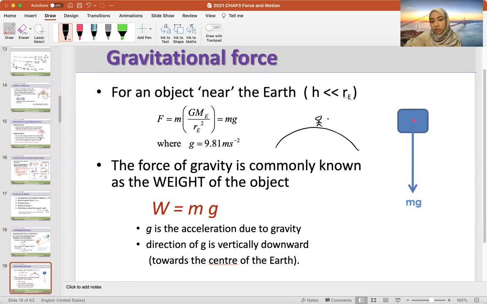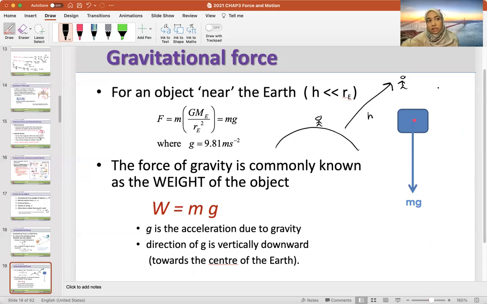For example, the acceleration on the Moon is different, and on Jupiter it is different. And if you are flying way above Earth, gravitational acceleration is different on you because you have a certain height.